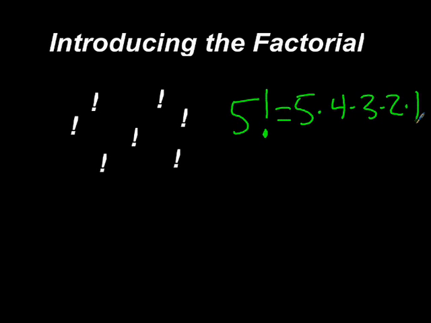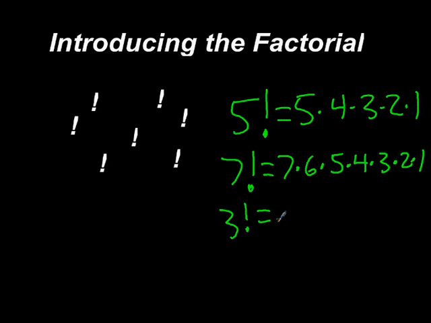Okay? Guess what 7 factorial means? You got it. It means 7 times 6 times 5 times 4 times 3 times 2 times 1. Try out 3 factorial. That's going to equal 3 times 2 times 1. We can easily do this one. What is that? 6.